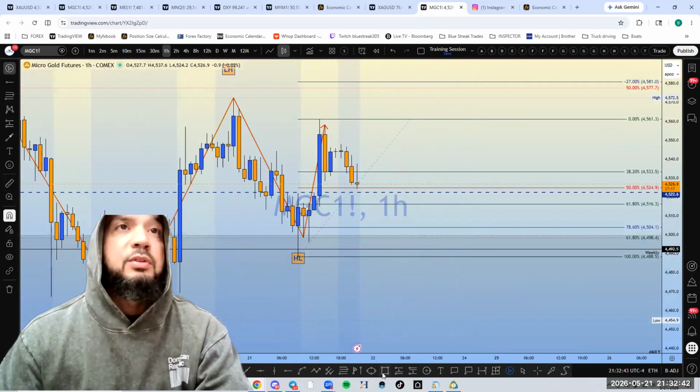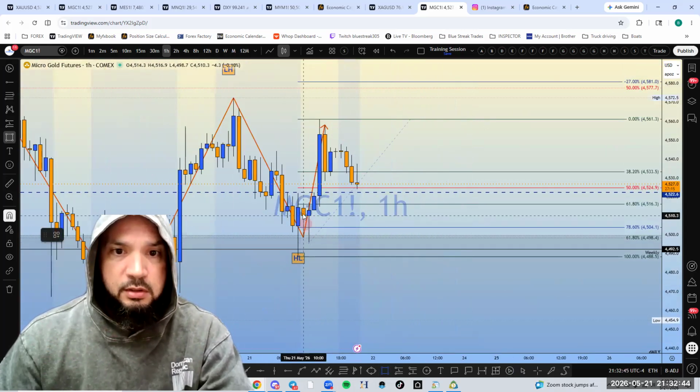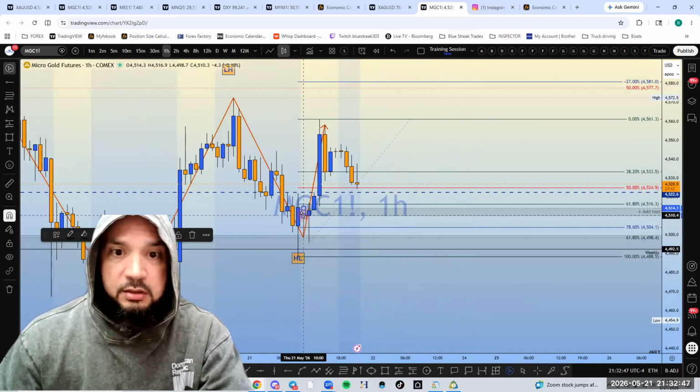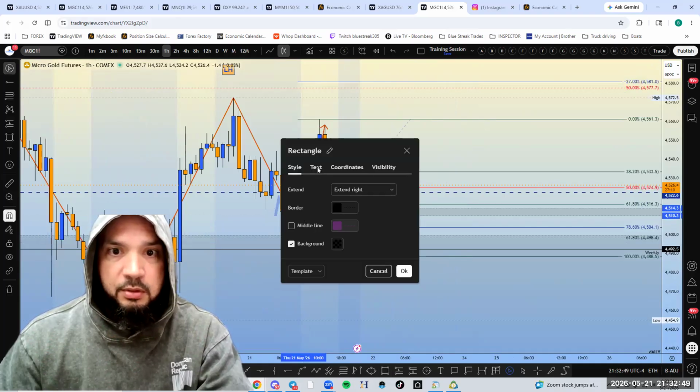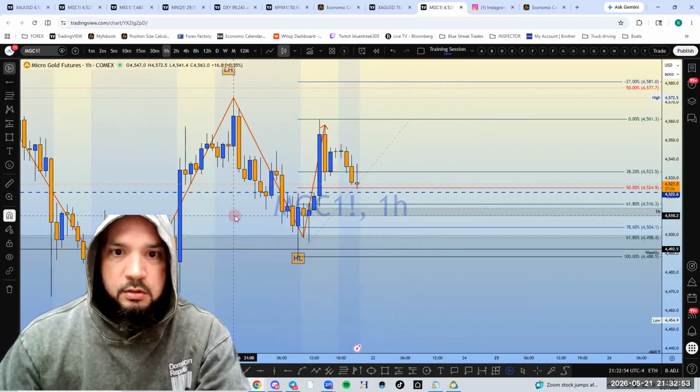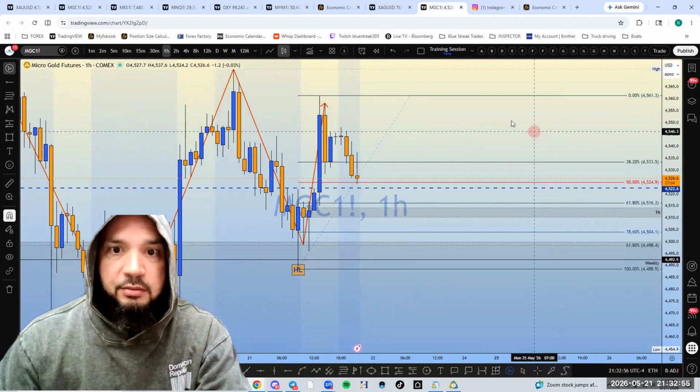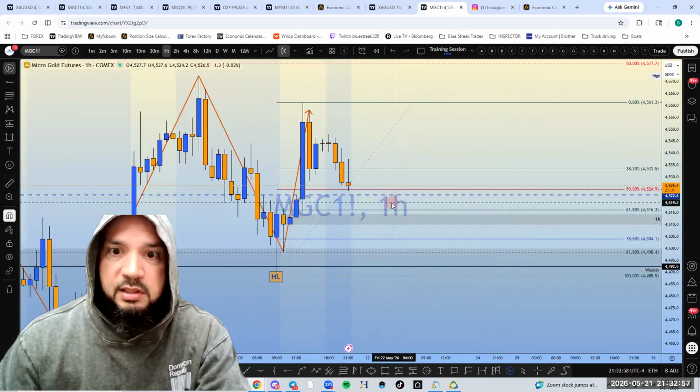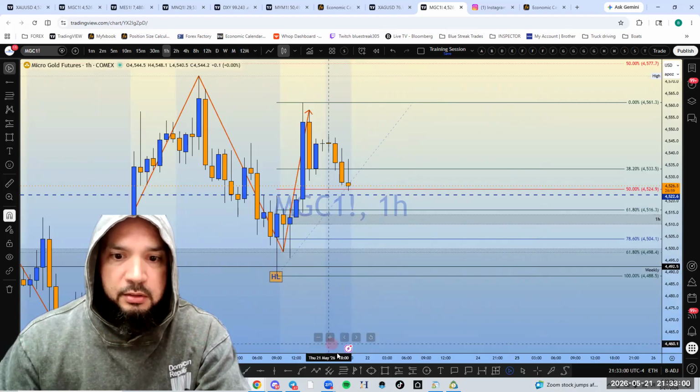Confluence is just a fancy word for confirmations. Identify my order blocks. This is the 1 hour. Decide on an entry level, whether I want the 618 or the order block.